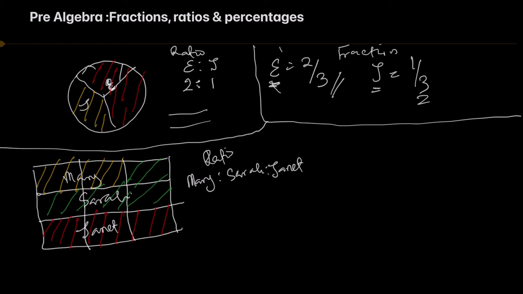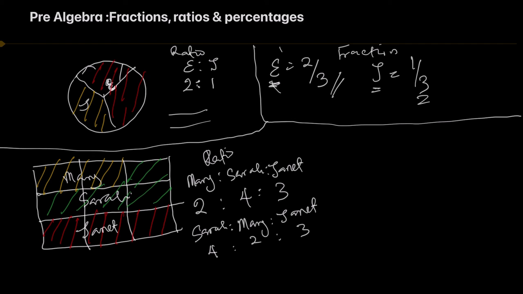So first you have how many parts are given to Mary, 2, and then 4 is given to Sarah, and then 3 is given to Janet. Now, if I decided to write it in a different way, and I say Sarah, Mary, and Janet, then in this case, I will be forced to write 4, 2, 3, right?